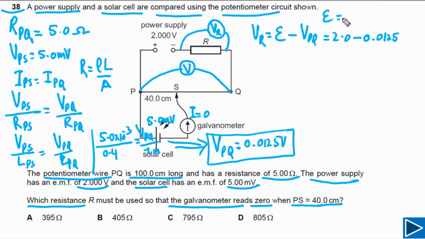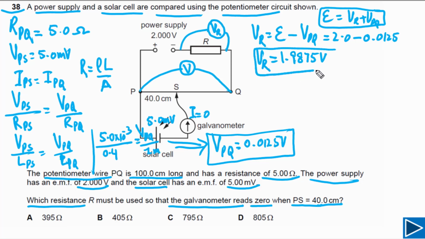So it simply means that EMF is equal to VR plus VPQ, if you're not very clear about this. So this is the concept we are using. So now from here we can find out VR. So the potential difference across resistor R is 1.9875 volts. So this is the value of potential difference across this resistor.